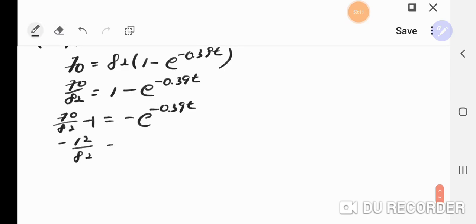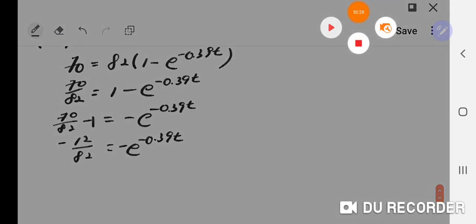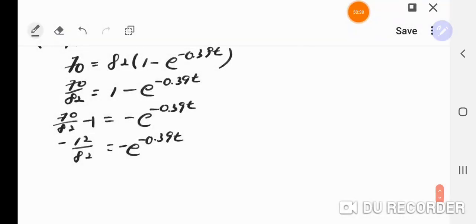So we can eliminate the minus sign here, multiply each side by negative. And then we can reduce this 12 over 82 by dividing by 2, then this will be 6 over 41. And multiply each side by negative, so we have the exponent.